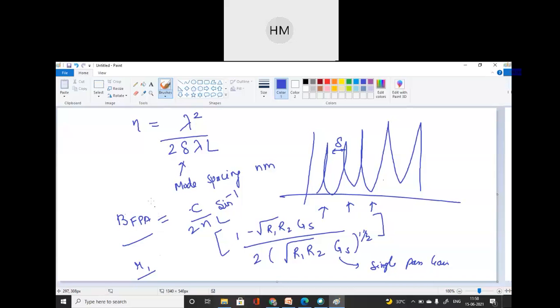So don't get confused. What is FPA? FPA is used in SOA. We are designing an amplifier which uses this Fabry-Perot amplifier, a Fabry-Perot cavity where we use mirrors at the ends, and it will be used to amplify the photon energy. So a numerical can be asked on this topic.